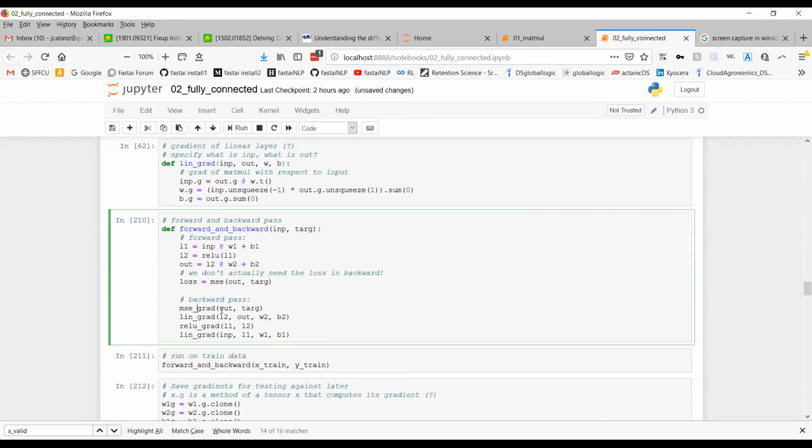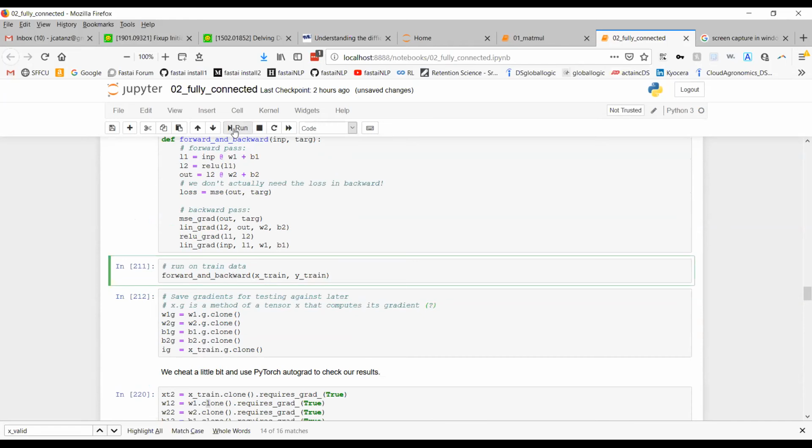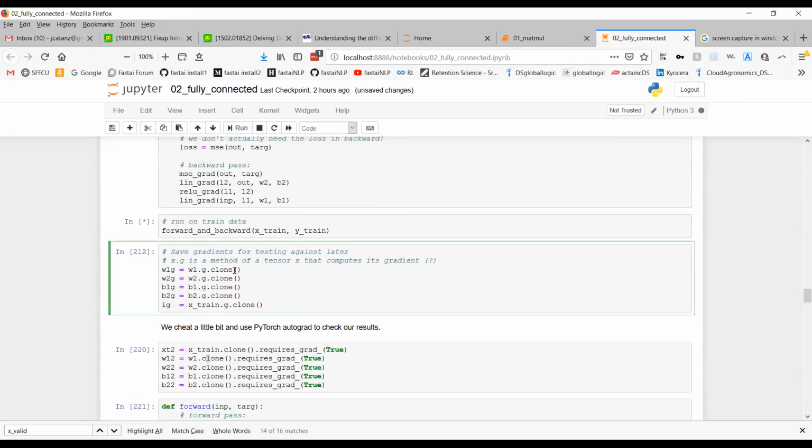You get the gradient of the MSE, the gradient with respect to the first weight matrix, the gradient with respect to the ReLU, the gradient with respect to the second weight matrix. That's what this function is doing. Then we run it on the training data. And then we save these gradients for testing later, I guess.